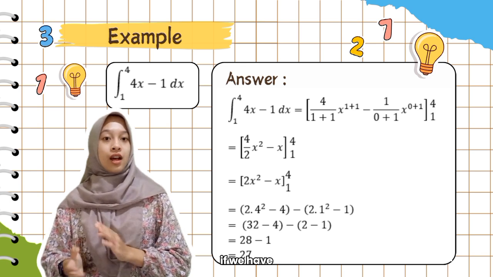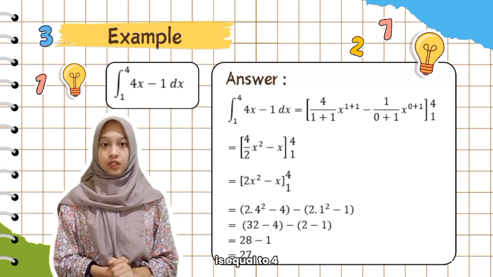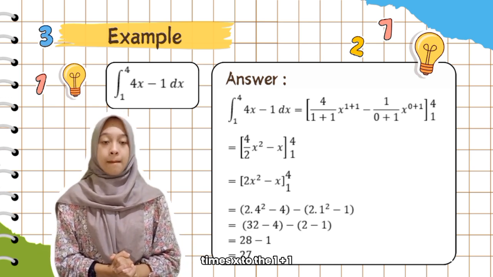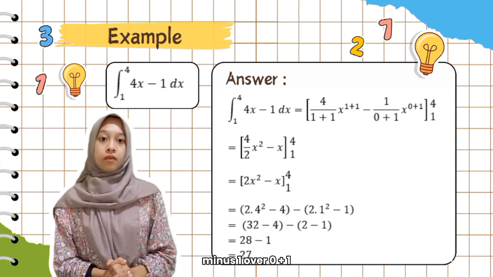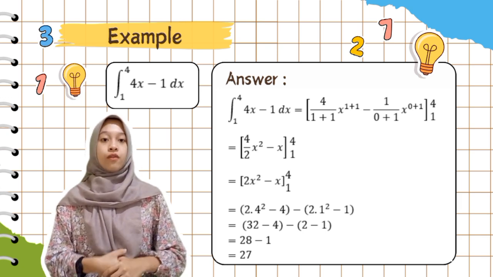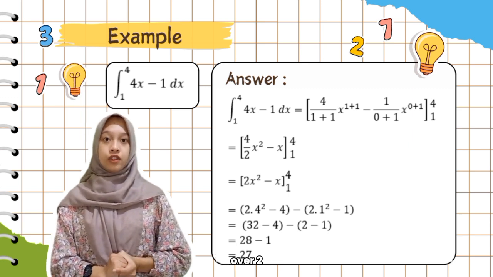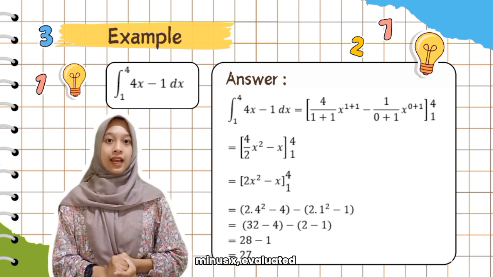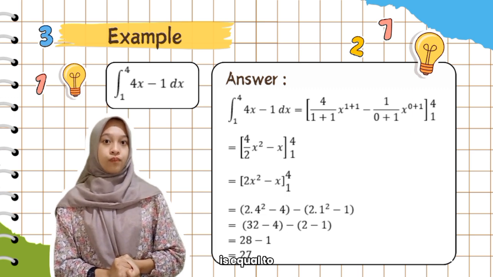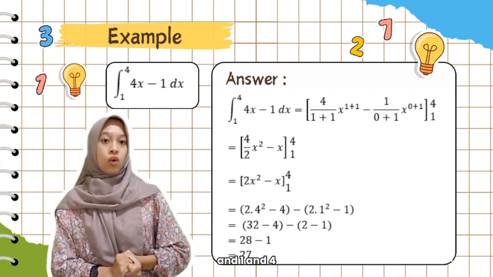If we have the integral of f(x) minus 1 from 1 to 4, it is equal to 4 over 1 plus 1 times x to the 1 plus 1, minus 1 over 0 plus 1 times x to the 0 plus 1, evaluated at 1 and 4. That is 4 over 2 x squared minus x evaluated at 1 and 4, which is 2x squared minus x evaluated at 1 and 4.